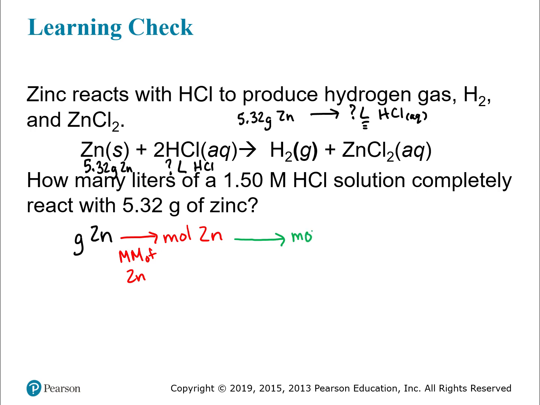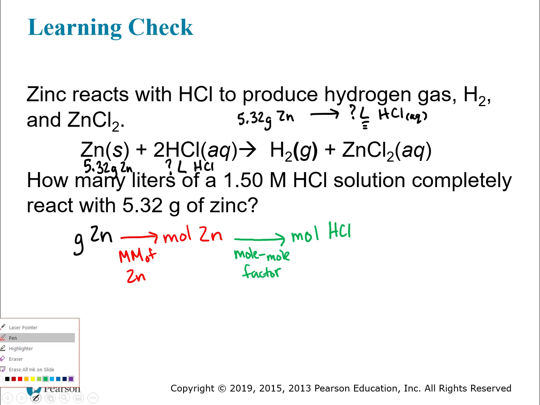Then we have to go from moles of zinc to moles of hydrochloric acid, HCl. We need a mole-mole factor for that, and we get that directly from the chemical equation. The last step is to use molarity to get from moles of HCl to liters.